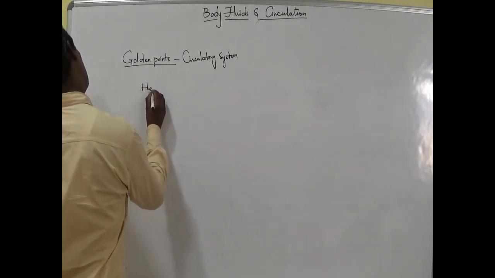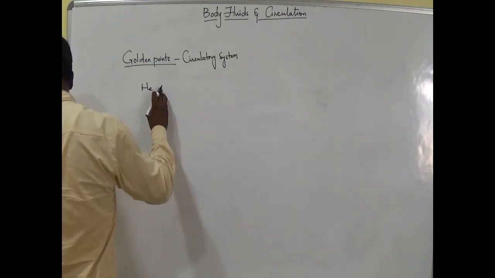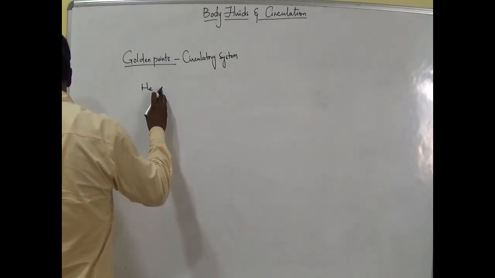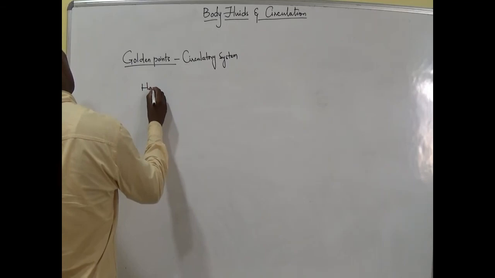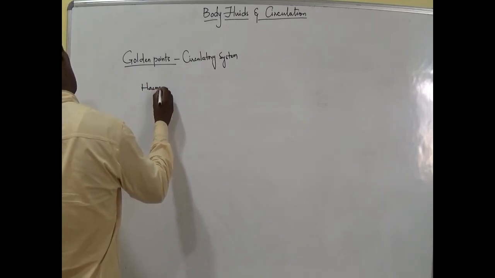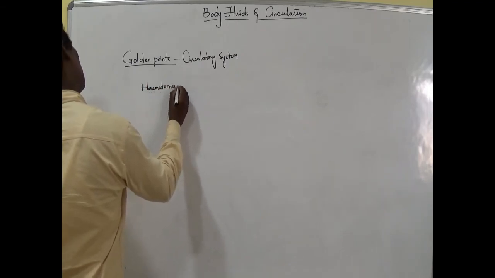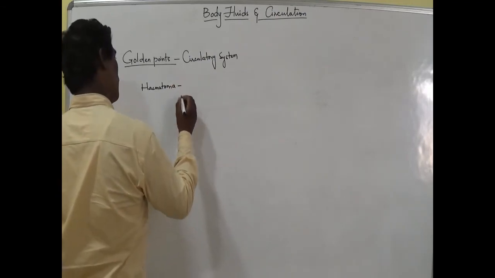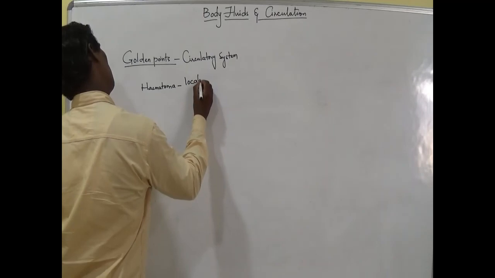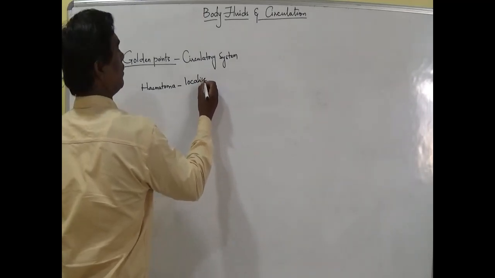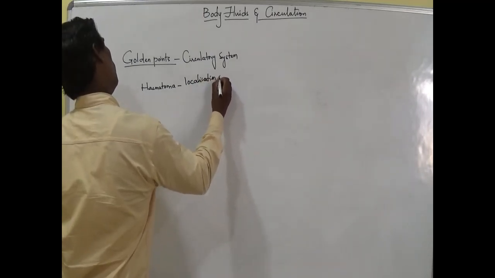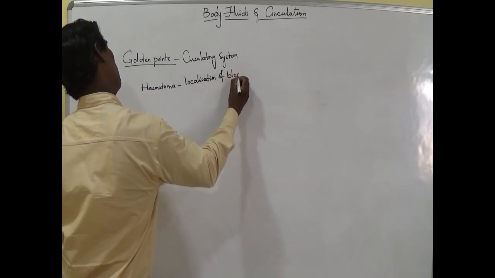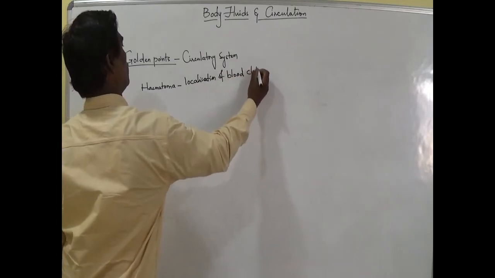Hematoma is a condition where we can see localization of blood clotting.